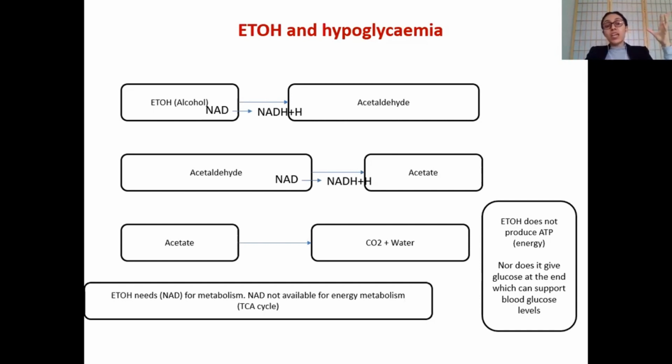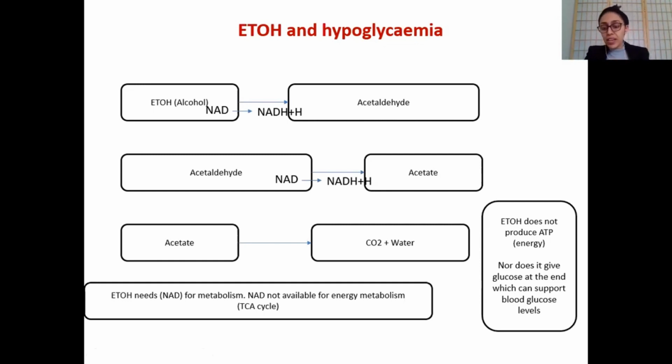Because the individual is drinking so much alcohol that the NAD is devoted to breaking down the alcohol in the body. So TCA cannot function independently to give you energy. No NAD, no TCA cycle. NAD is going for alcohol metabolism. Does that make sense?